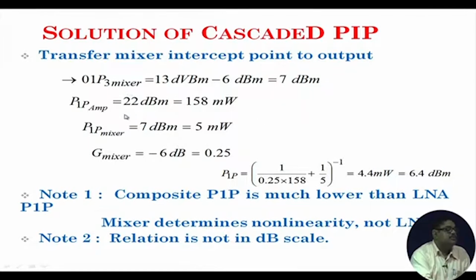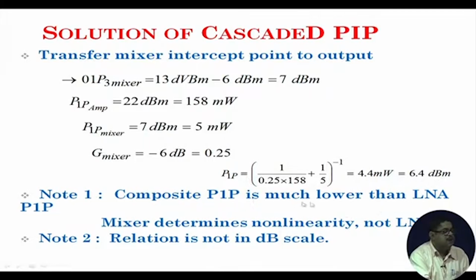Now, the amplifier is also at the output side, and the mixer is also at the output, since we have converted that. So, now you can find out the gain is this. So, overall PIP3 from that formula is this, 6.4 dBm.